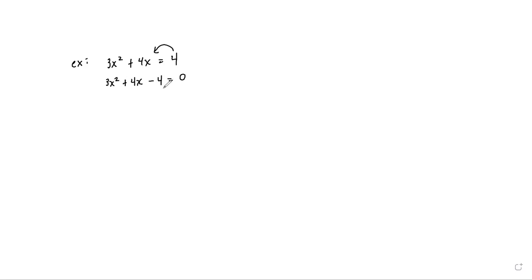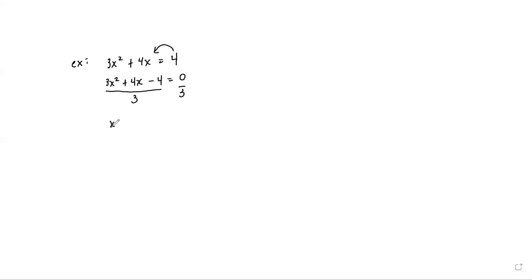Okay, so the first step here is we're going to divide both sides of this equation by the coefficient of x squared. In this case, that's 3. So we will divide by 3. Dividing by 3 will require us to divide each of the terms here by 3.